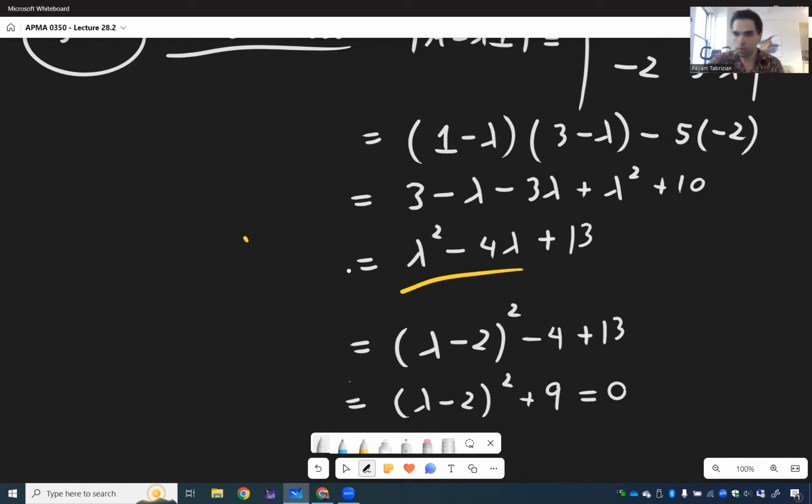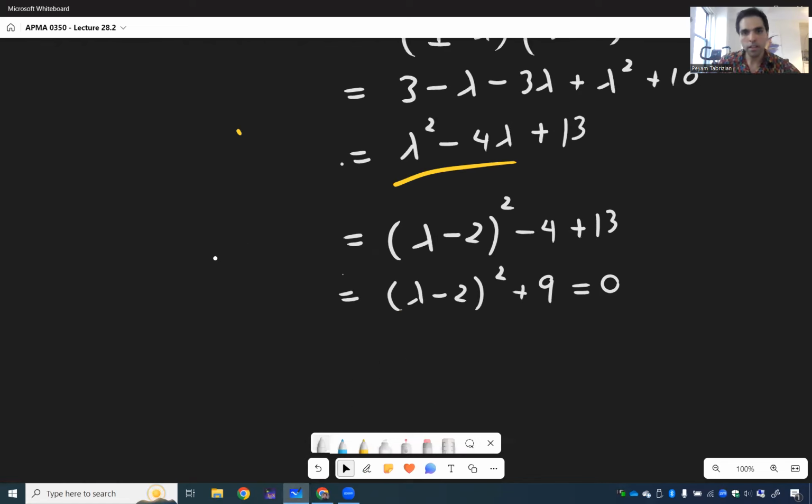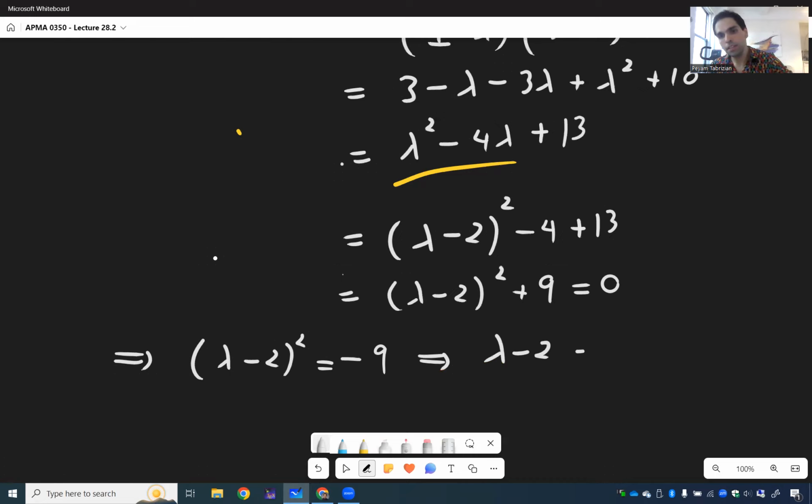You set this equal to 0. So (lambda minus 2) squared is minus 9. So lambda minus 2 is plus or minus the square root of minus 9. So plus or minus 3i. So lambda is 2 plus or minus 3i.